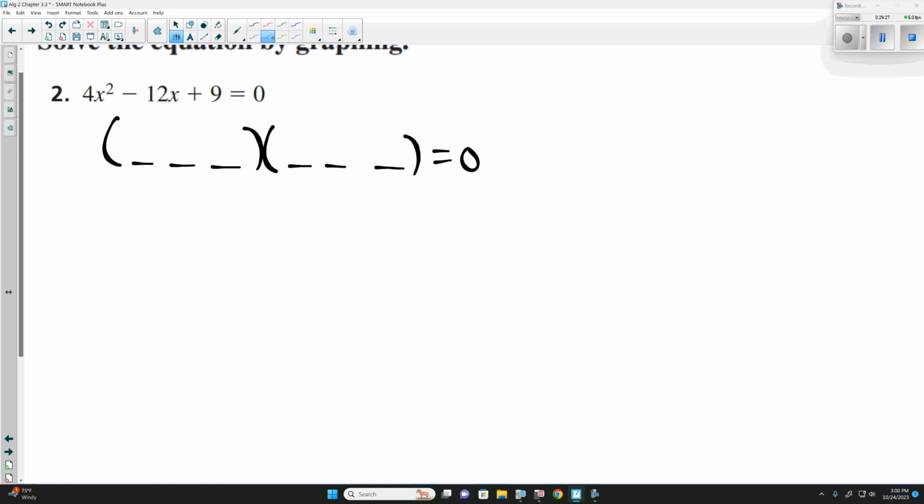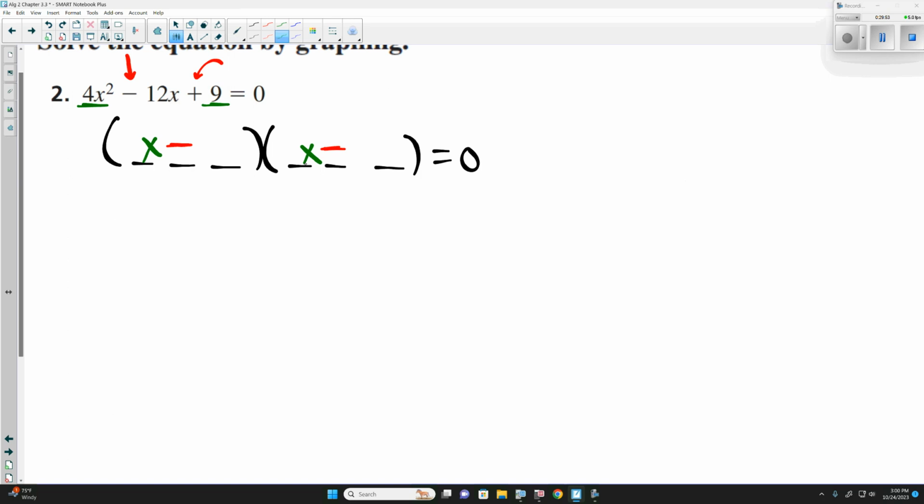Solve it by factoring. There is no greatest common factor between the three terms. Since the third term is positive, the signs are the same and match the sign of the middle term, which would be negative and negative. Now we need to find the factors of the first and third term.